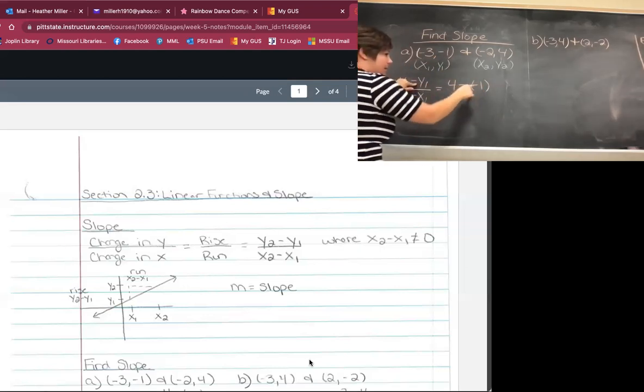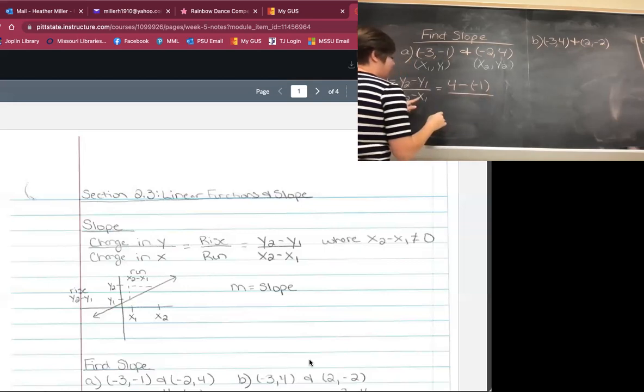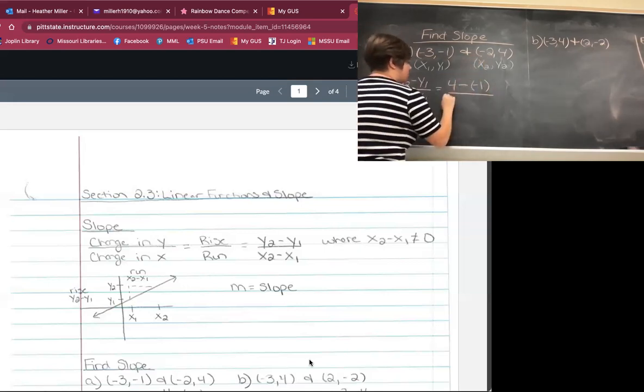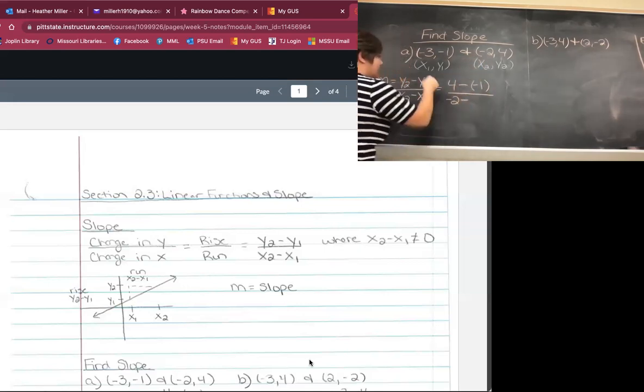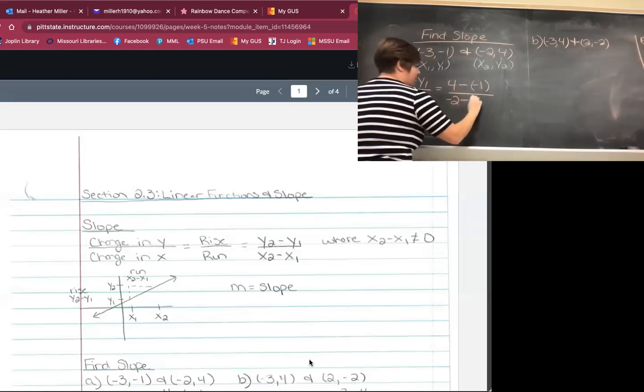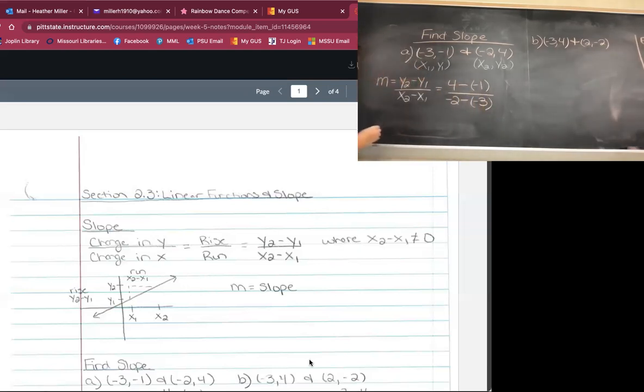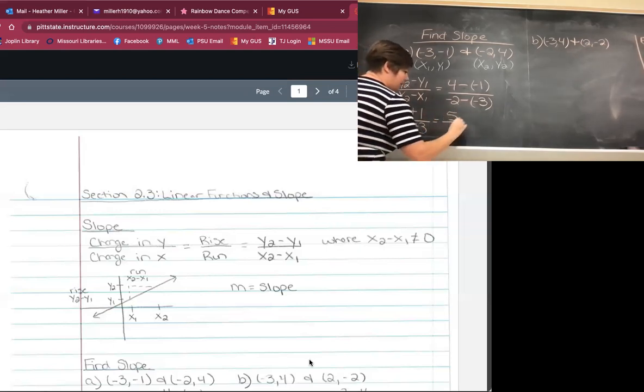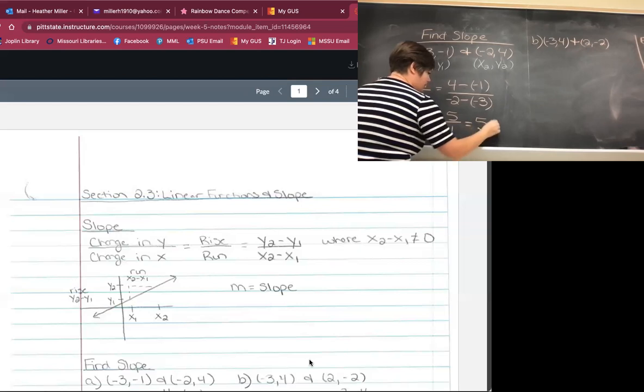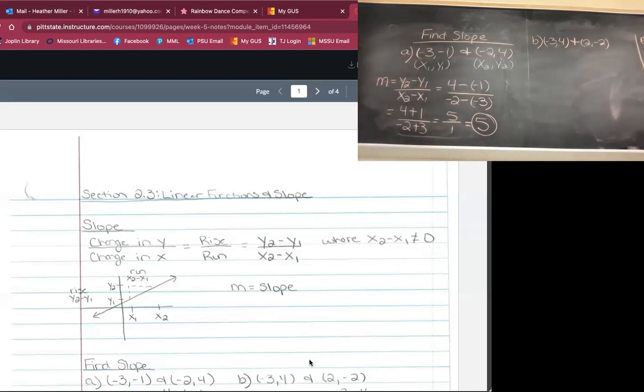So it's a minus, all over x2, which was -2, minus my x1, which is -3. That's 4 plus 1 all over -2 plus 3. That's 5 over +1, which means we have a slope of +5.